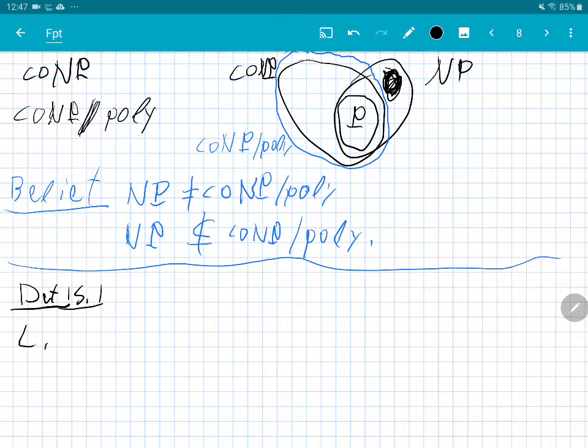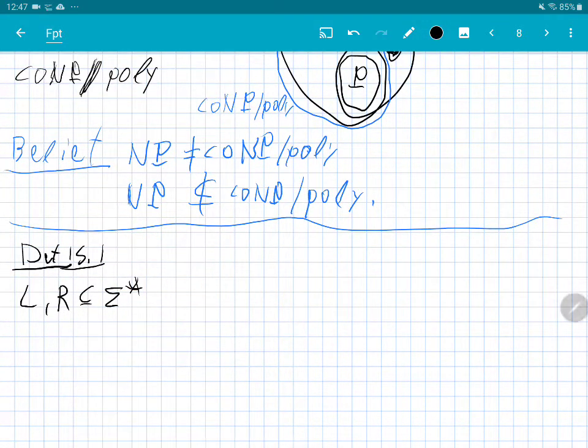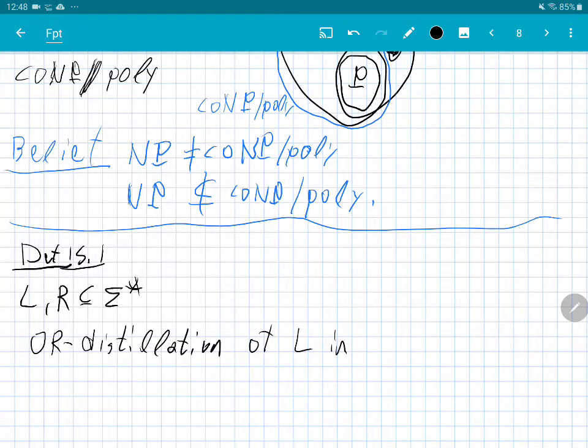So we have two languages, L and R, over an alphabet. You can think of the alphabet as 0, 1; it doesn't really matter. We are assuming that we have an OR distillation of L into R. This is similar to cross composability.